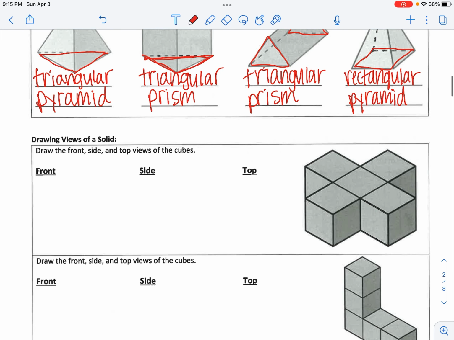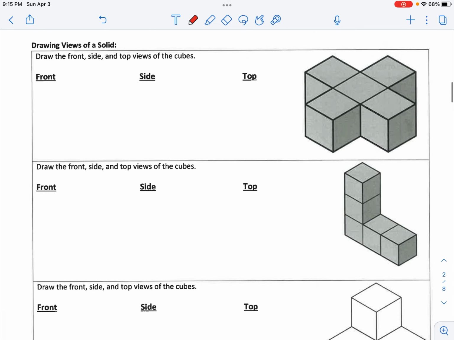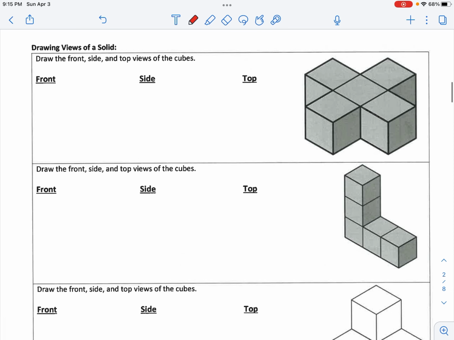And then last, we're going to be drawing views of a solid. So this shape right here, we have to draw the front, side, and top views of the cubes. Okay. So if we were looking at this shape, and if we were just looking at the front, so this part's the front, okay? So we would see this one, and this one.